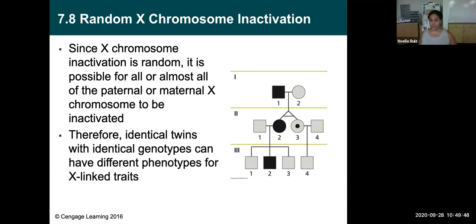One twin could express mom's X and the other twin could express dad's X. These would, of course, be female twins that both have two X's. So even though they're identical, that would cause them to be just a little bit different physically, and only in their X-linked traits.